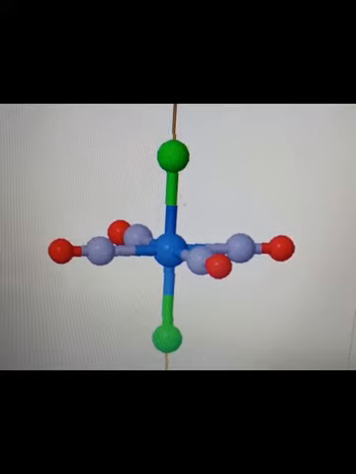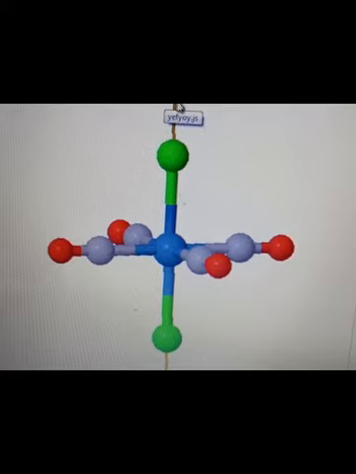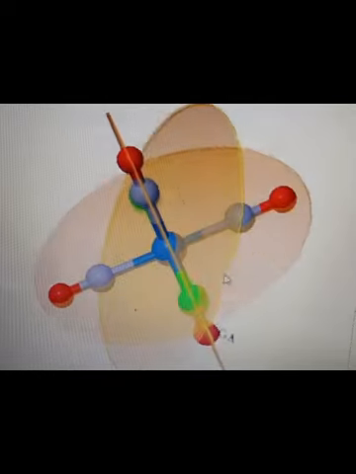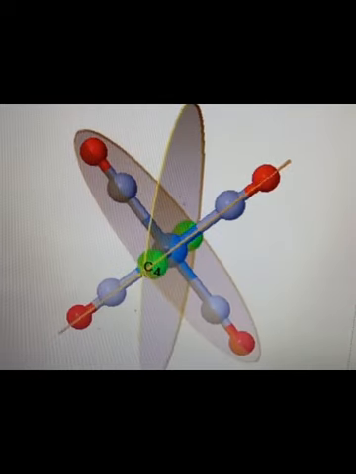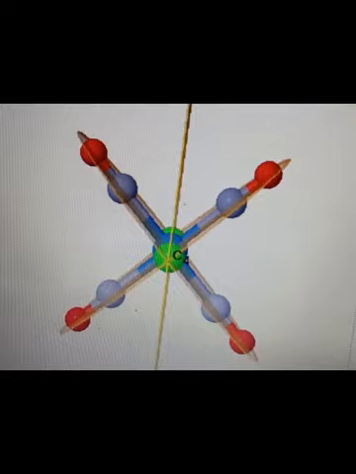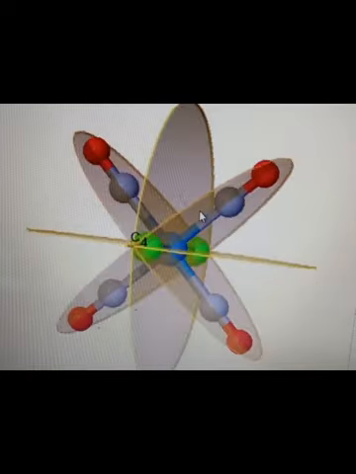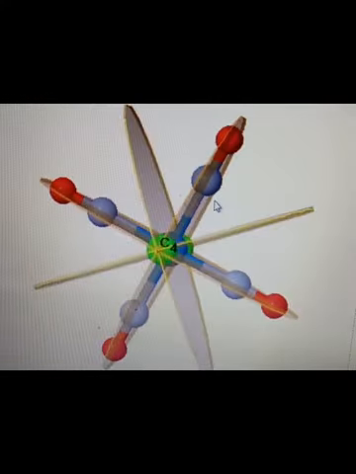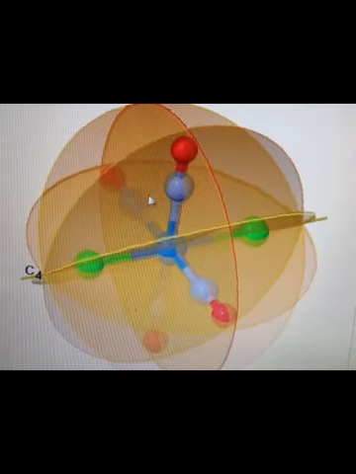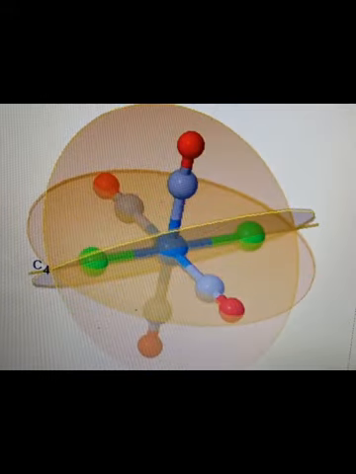And sigma v's, since C4 is the principal rotational axis of symmetry, sigma v's must be parallel to it. So this is how the 4 sigma v's are present in this particular molecule. And we have a sigma h which is running perpendicular to the principal axis of symmetry.